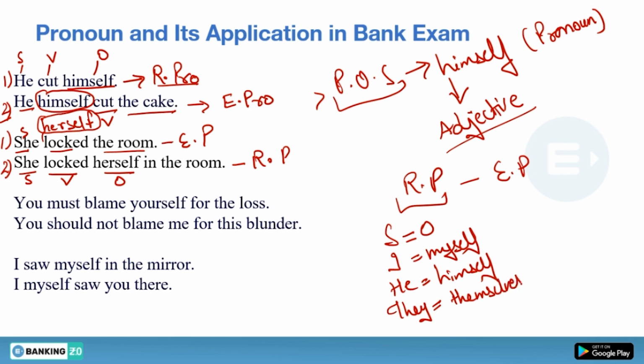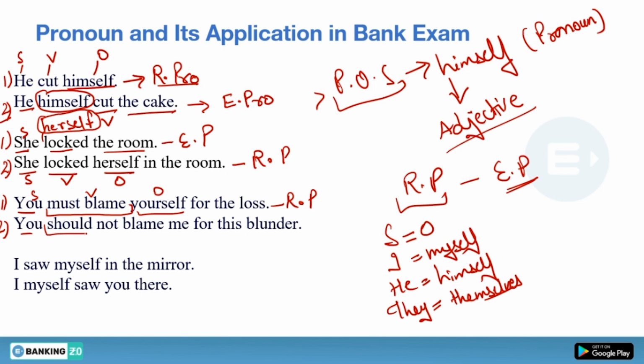But when you have emphatic pronoun, it only emphasizes, it only performs an action to emphasize the subject, noun or pronoun. Okay, next sentence we have is, you must blame yourself for the loss. So you is the subject, must blame yourself, yourself is the object. It means this is your reflexive pronoun.